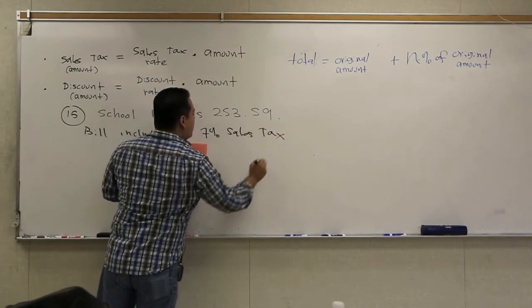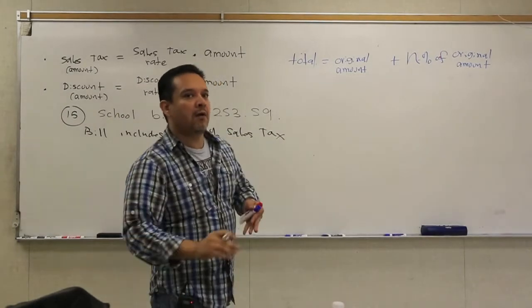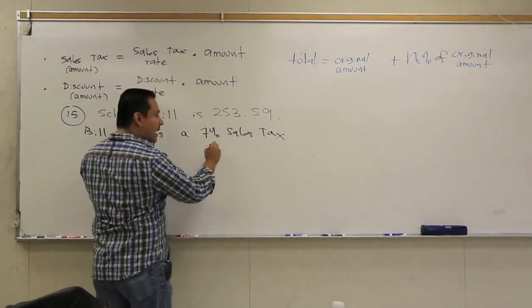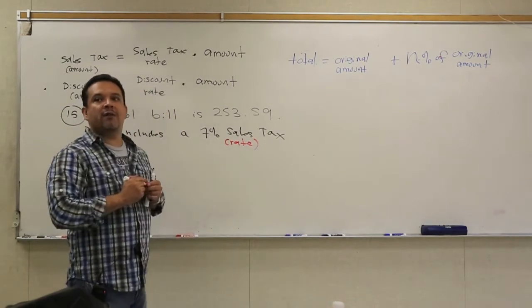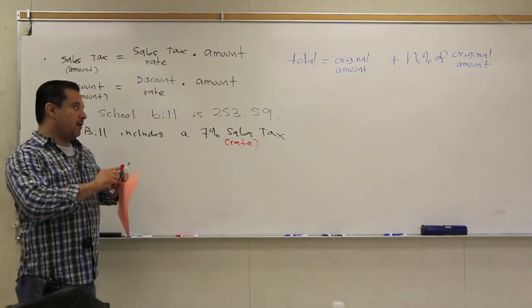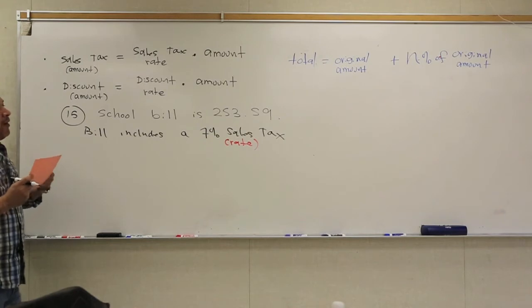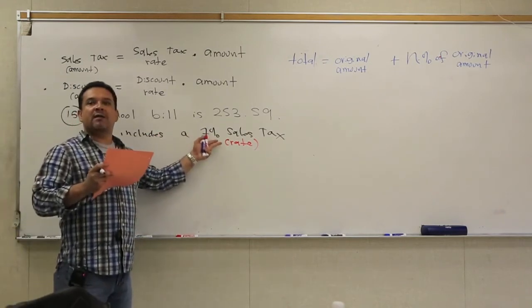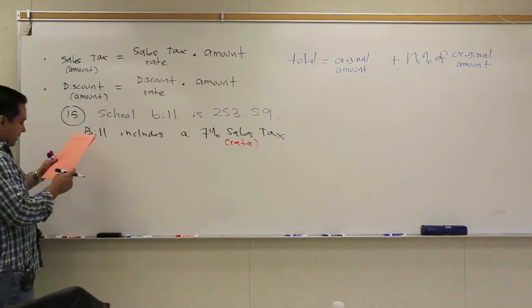Now, do you guys know, is that a rate or is that an amount? It's a rate. Good. They don't always tell you it's a rate. But how do you know it's a rate? Because it's a percent. You guys with me on that? Okay, good. So this bill includes a 7% sales tax rate that corresponds to a sales tax amount. They didn't say that either, but that's how they're wording this.